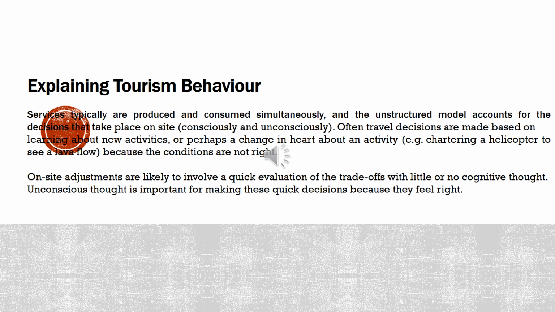On-site adjustments are likely to involve a quick evaluation of the trade-offs with little or no cognitive thought. Okay, so sometimes we are deciding unconsciously, especially when we need to decide on the spot. It's the same thing with the tourist. For example, the hotel room they went to has no nice view.